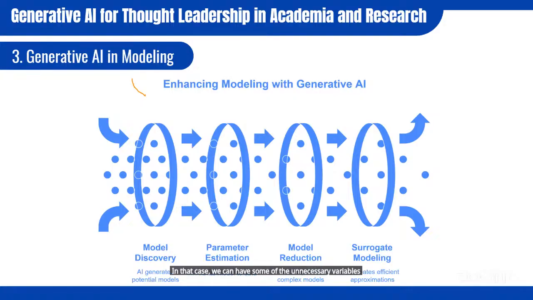So these models can preserve only the essential parameters and will help us. Generative AI can create a surrogate model that approximates the behavior of a computationally expensive model. These surrogate models can be used for rapid prototyping, optimization, and uncertainty quantification.